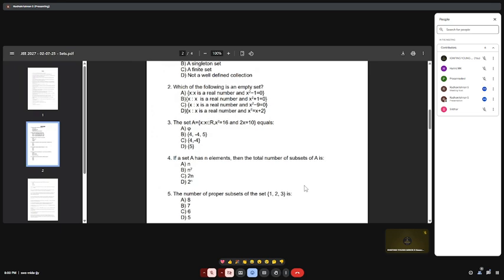The number of proper subsets of the set 1, 2, 3 is. The set has got 3 elements, 1, 2, and 3. So the number of proper subsets, how many are there? 8 is a total number. So how did you get 8, Harini?